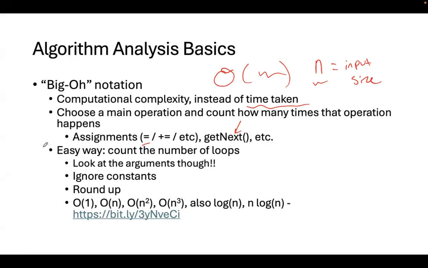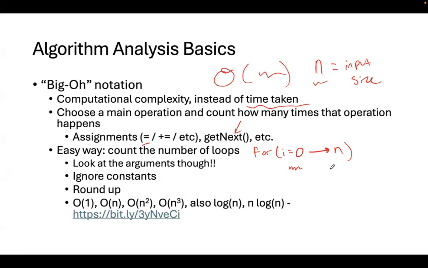So the easy way to do that is to look at the number of loops. So typically, if a loop goes from like 0 to n or n minus 1, and we do that operation, we count how many times that happens, and the number of times it happens would be n, because we're starting at 0 and we're looking at each thing up to n.